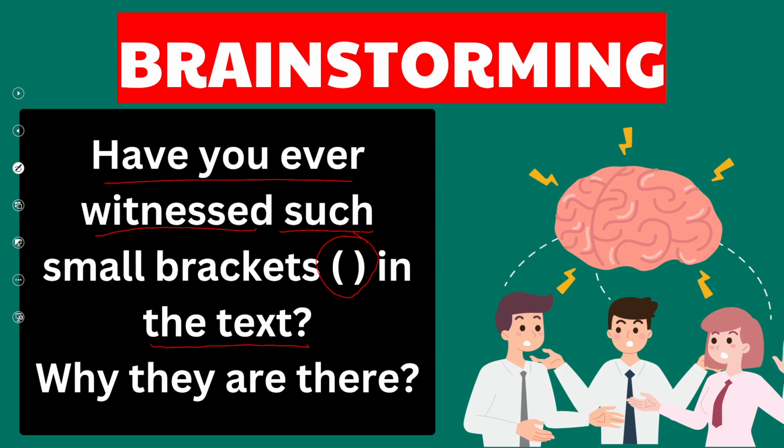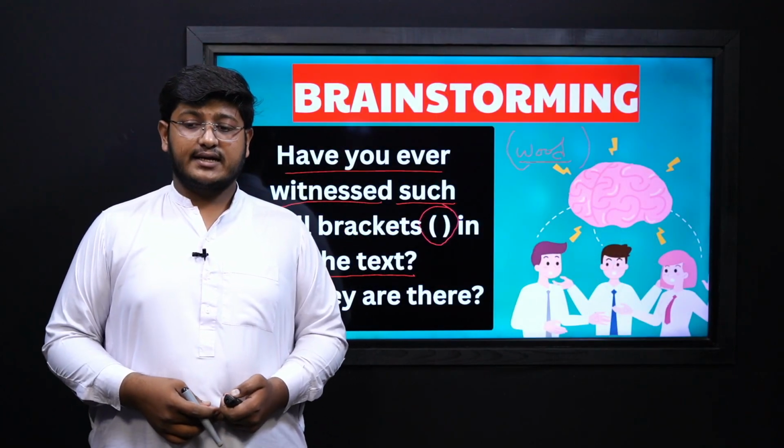Let's take an example. You are reading a text, and in the text it is written that it is a chair, and in the brackets it is written made of wood, or such type of thing. If you have noticed such brackets, why are they there and what do they do in the main text?